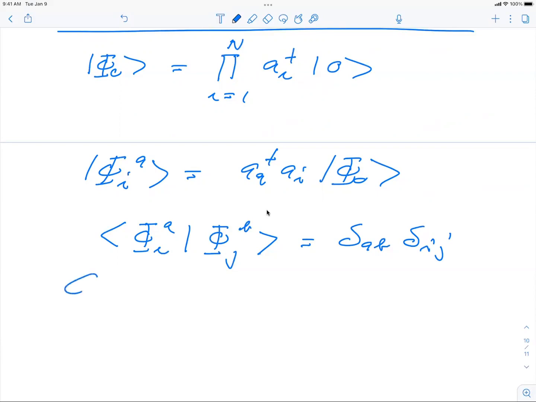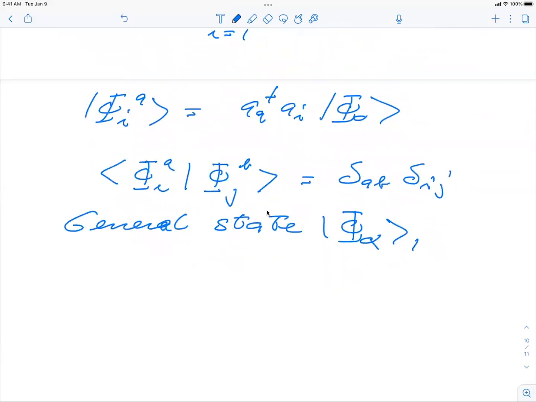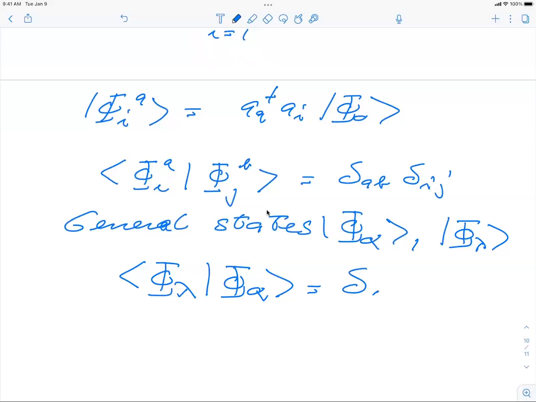So if we have a general many-body state |Φ_α⟩ and a state |Φ_λ⟩, these states are assumed to be orthogonal. So that means that when I do this, I have a δ_λα.